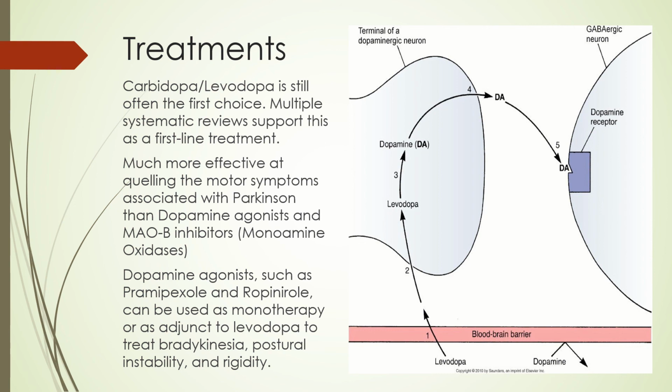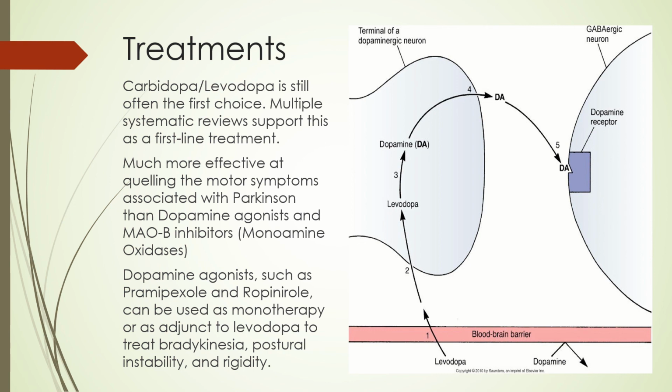The issue with levodopa, or L-dopa, is that only 2% of it actually reaches the brain before metabolizing. But if used in adjunct with carbidopa, that 2% amount of levodopa that metabolizes into dopamine increases up to 10% without us changing the dosage amount. A much more effective method at quelling the motor symptoms associated with Parkinson's, but dopamine agonists and monoamine oxidase inhibitors also have their advantages.